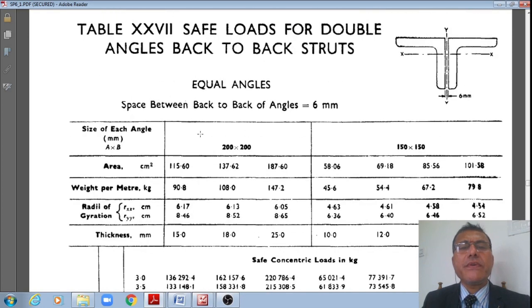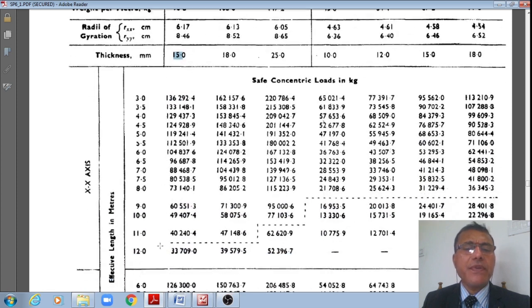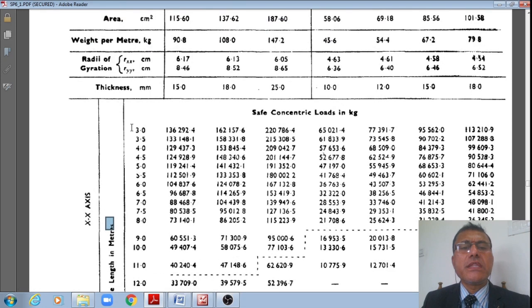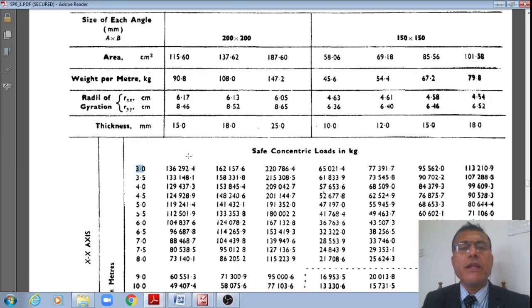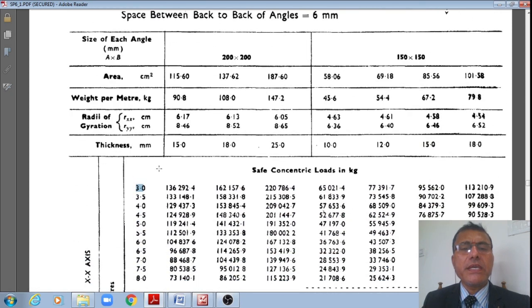Then with an effective length about the x-axis, major axis, of just 3 meters, how much safe load with 3 meters?